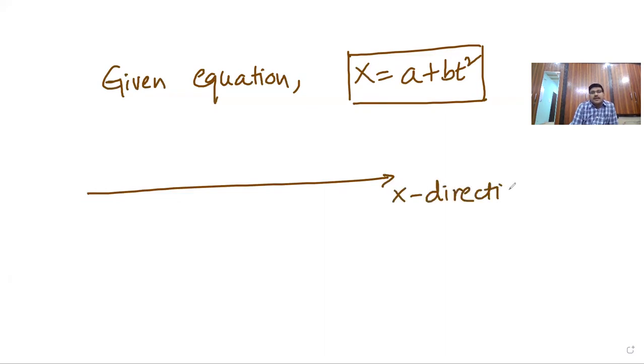Everything with the arrow mark indicates x in meters, displacement in meters along the x direction. Clear? Let us say this is the origin, the starting point. The object is moving along the x-axis. The expression is displacement x, and a, b are given to you, t is the time.